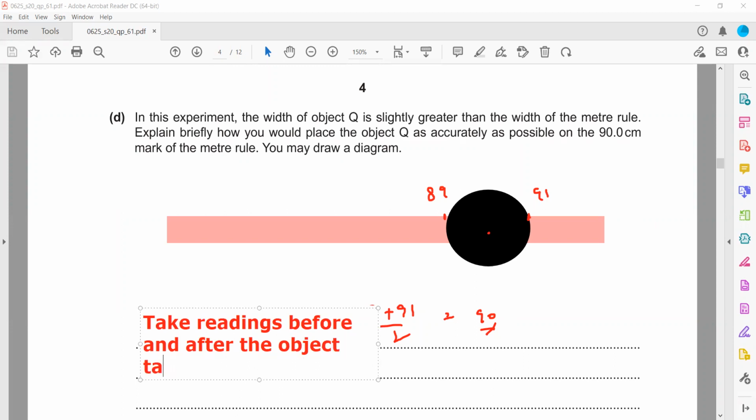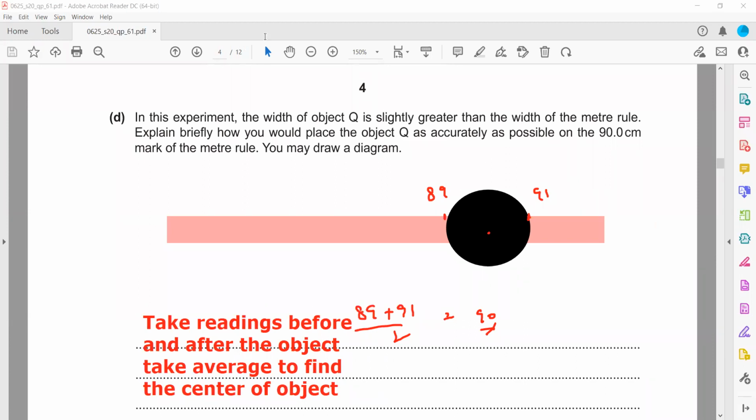We will take the average to find the center of the object. And this will give us the center of the object at the 90 centimeter mark.